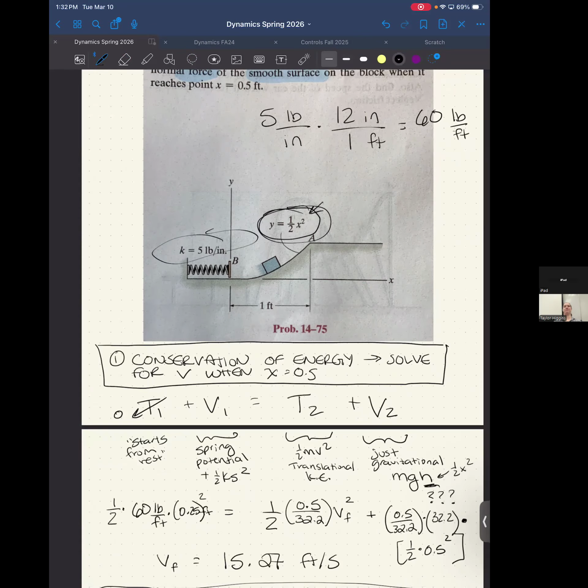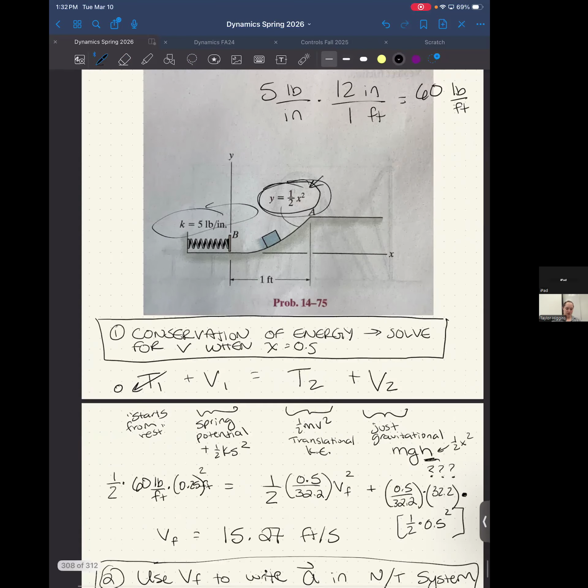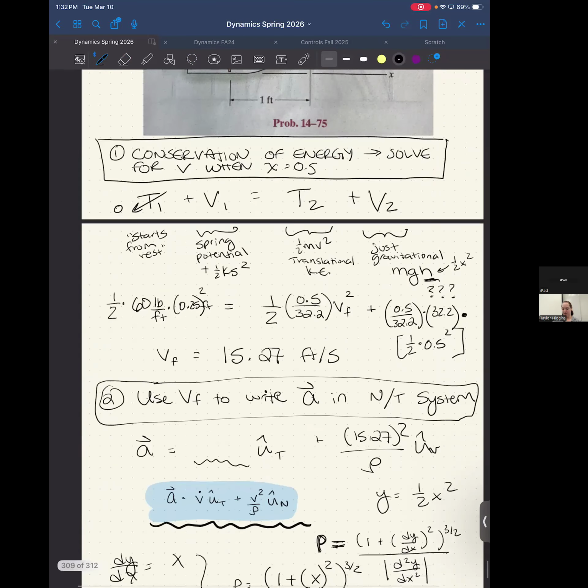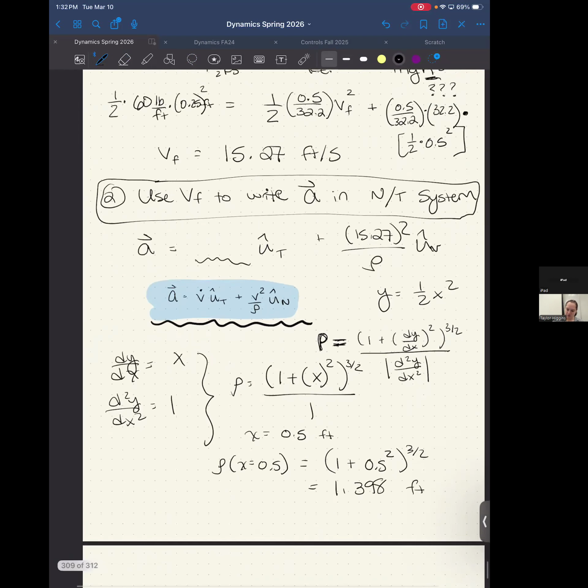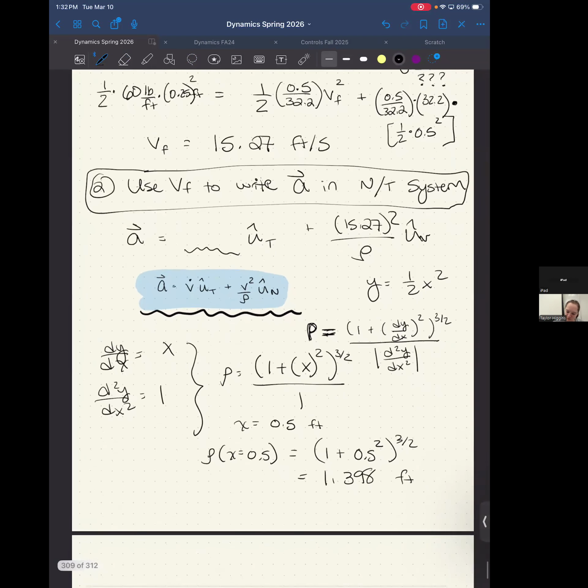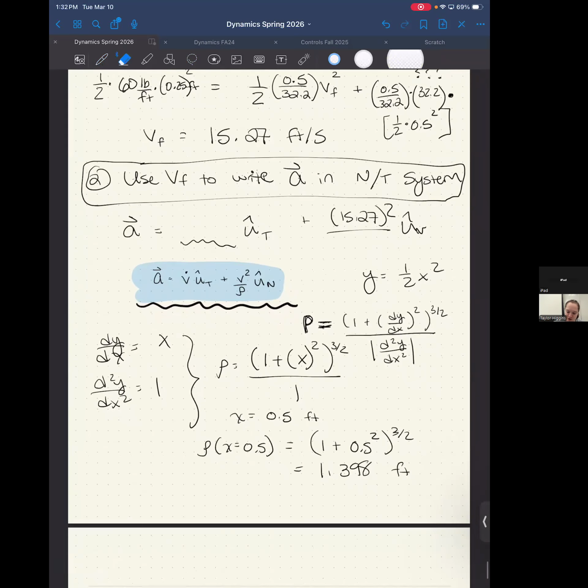Thank you. I appreciate it. Okay, what do we get for rho? Beautiful. 1.39 something feet, which means that the normal component of my acceleration has this here, 398.